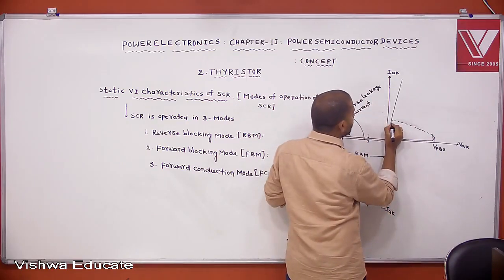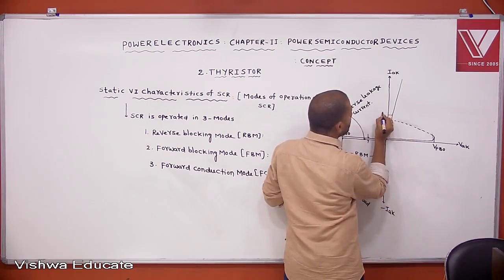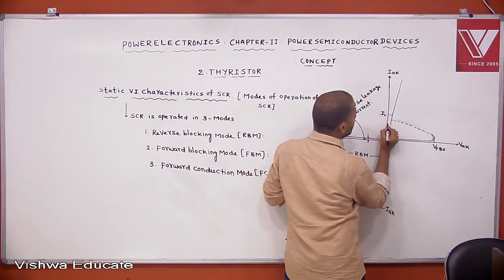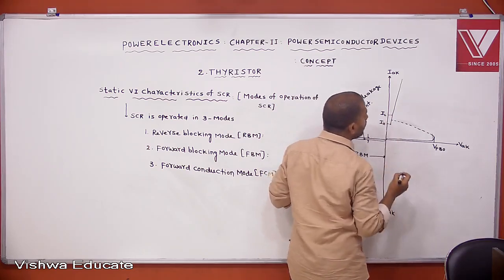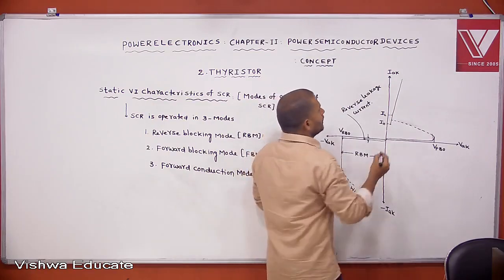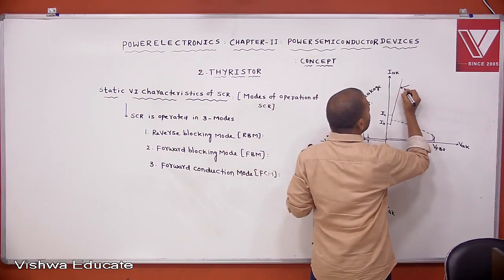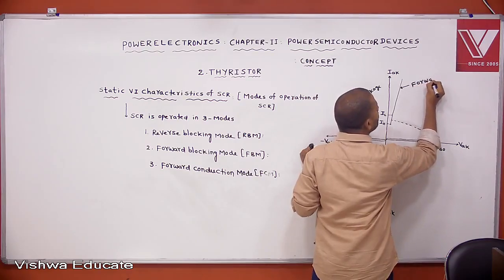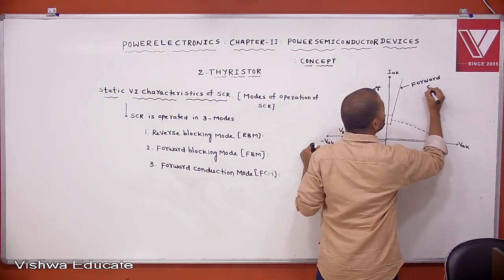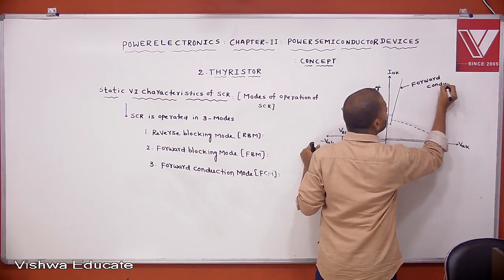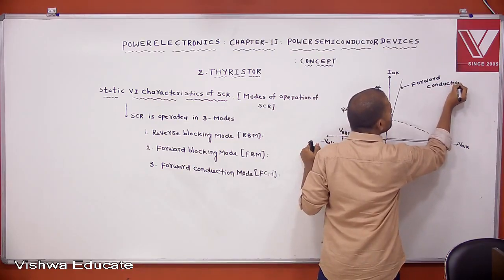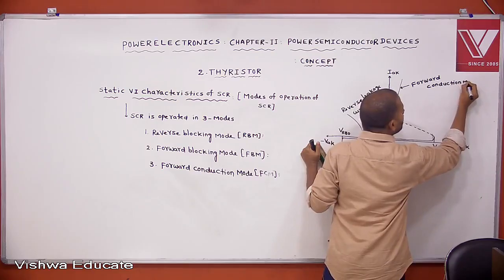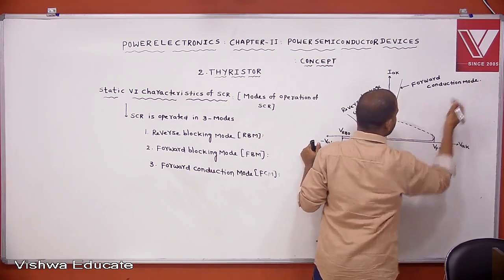This current is IL, and this current is IH, the holding current. Which mode is this? Forward conduction mode of operation.